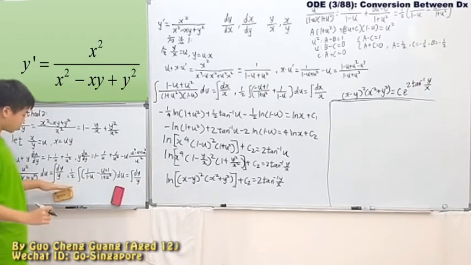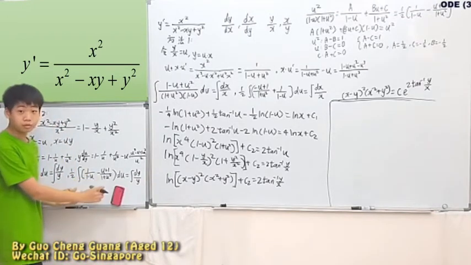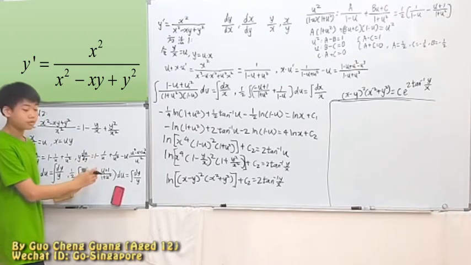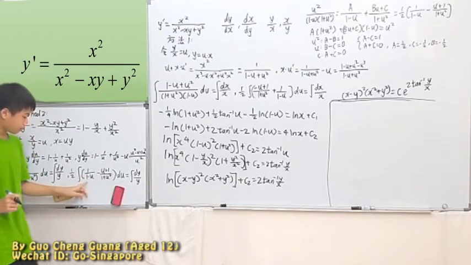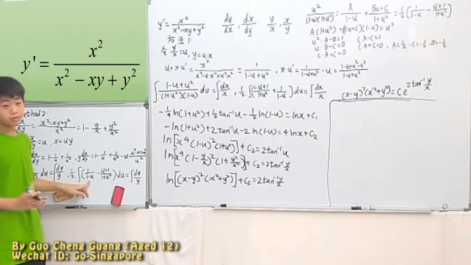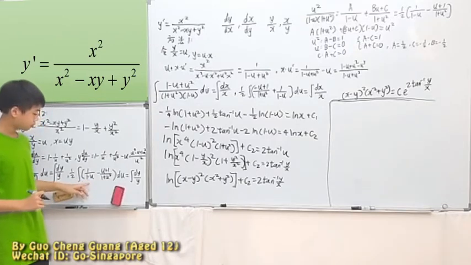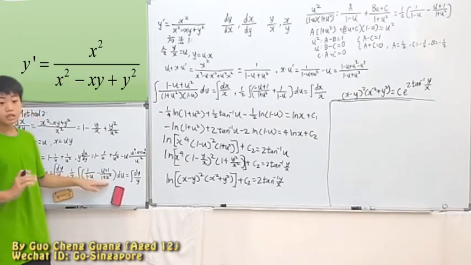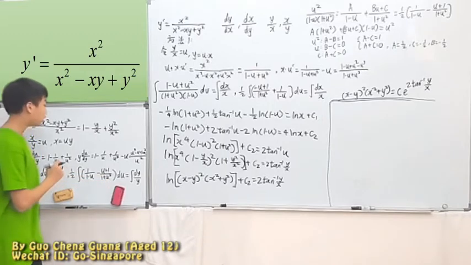So for this part, let me just split it into two different parts, and you can solve them individually. This part is simple, you have this log. But this part is a little bit more complicated.